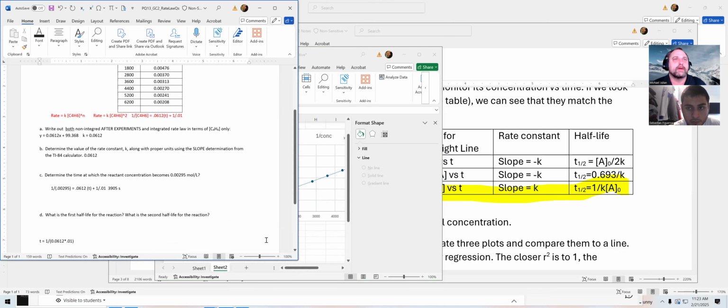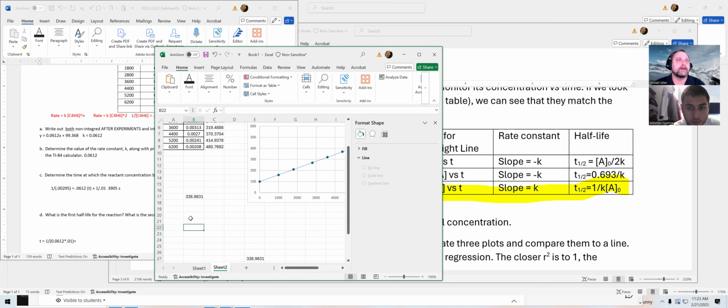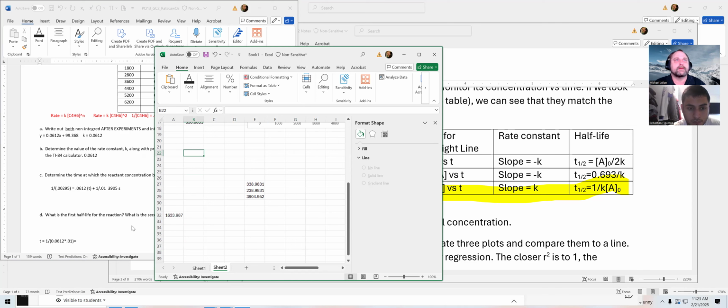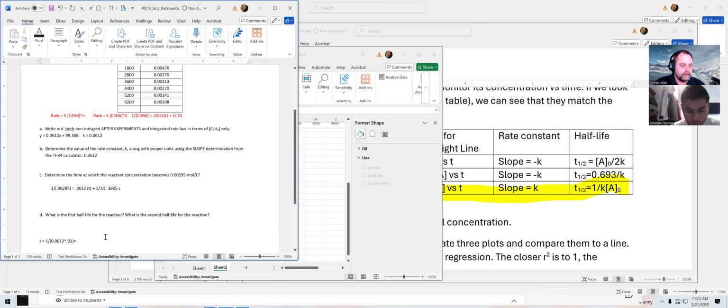But we now know that this comes out to be, well, we'll call it 1634 seconds. And then for it to be the half-life again, one way we can do this is we want the second half-life.